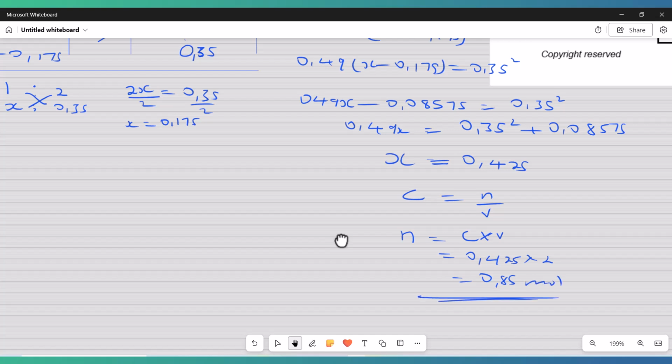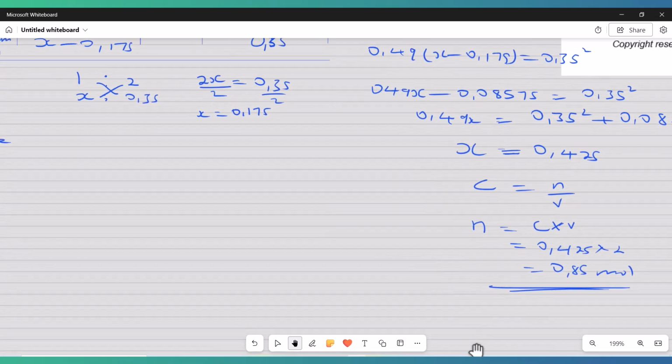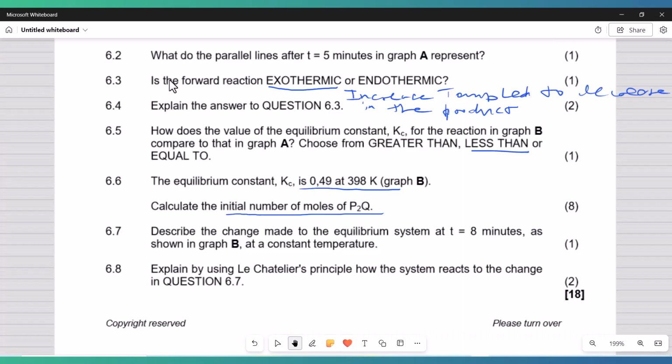I hope we are together. Okay. Question 6.7, they say, describe the change made to the equilibrium system at t equals to 8 minutes as shown in graph B at a constant temperature.